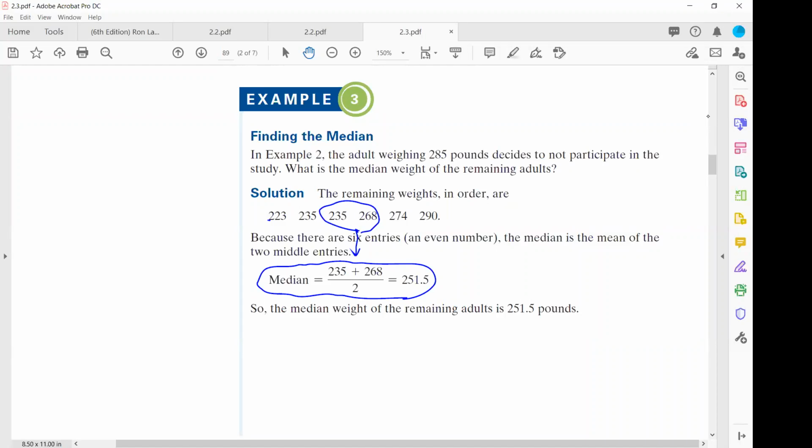So note, to find the median, if you have an odd number of entries, the middle number is the median.